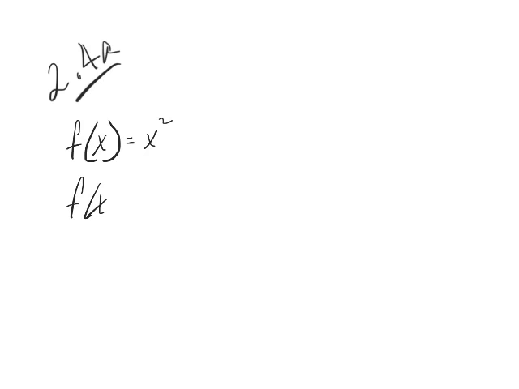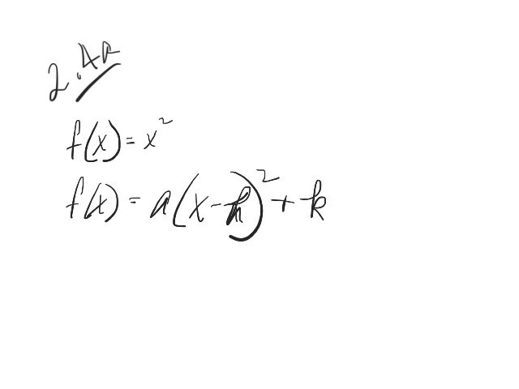So we would put a number in front of the x squared, like that. Or we might put a number and then do x minus h and then square it, and then add a k to it.